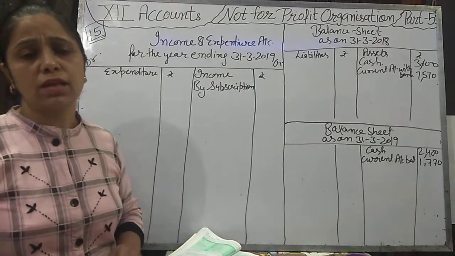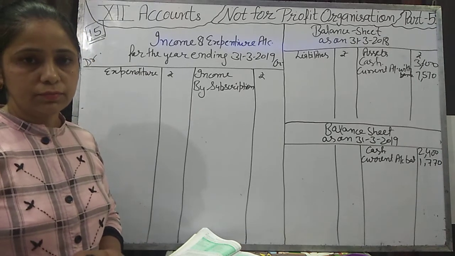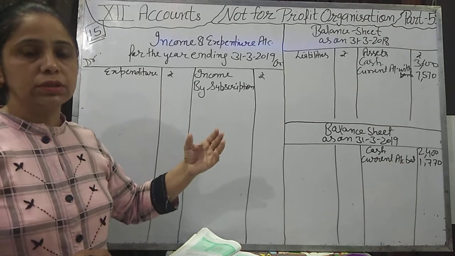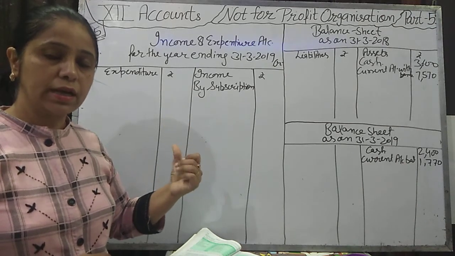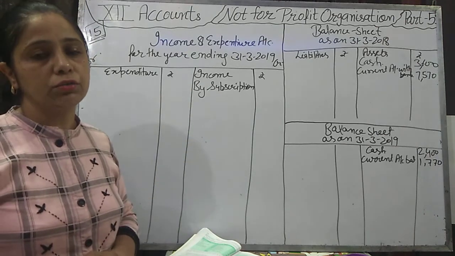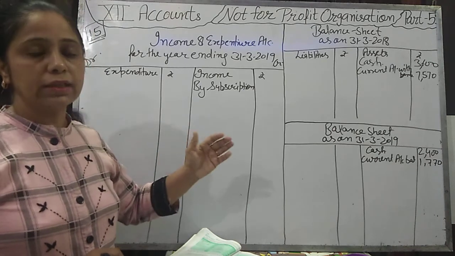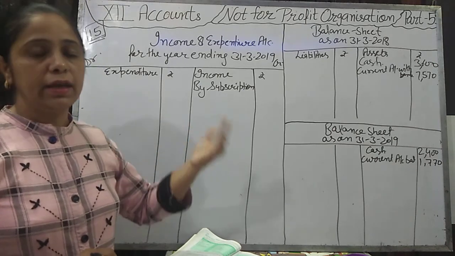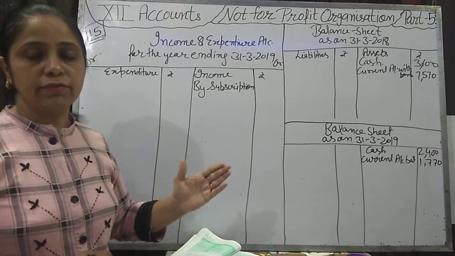But all this amount is not related to the current year. In this, some amount is related to the previous year, that is the outstanding of the previous year, and some amount is related to the next year. So we will deduct the amount of previous year and next year. I have told you that.